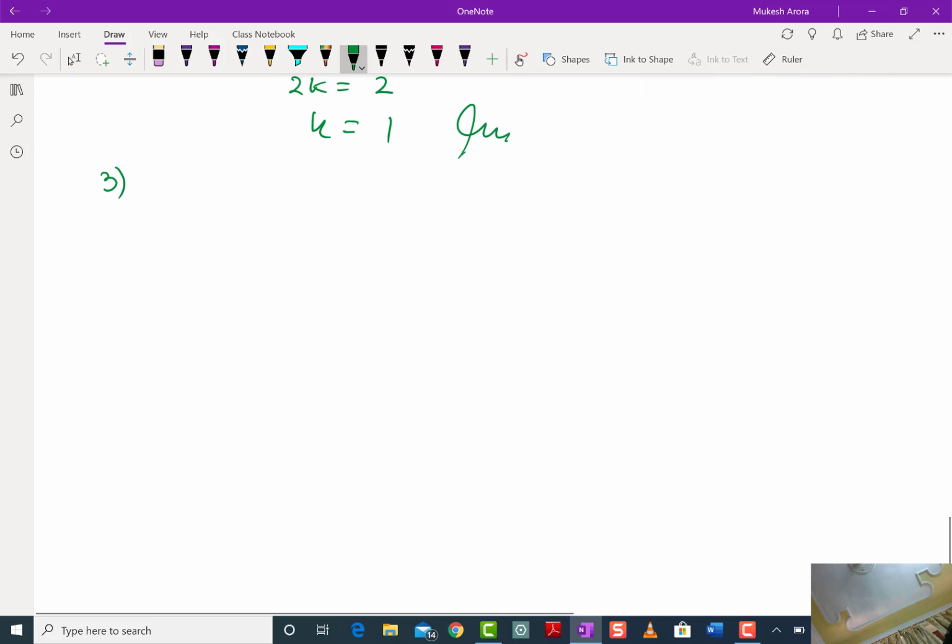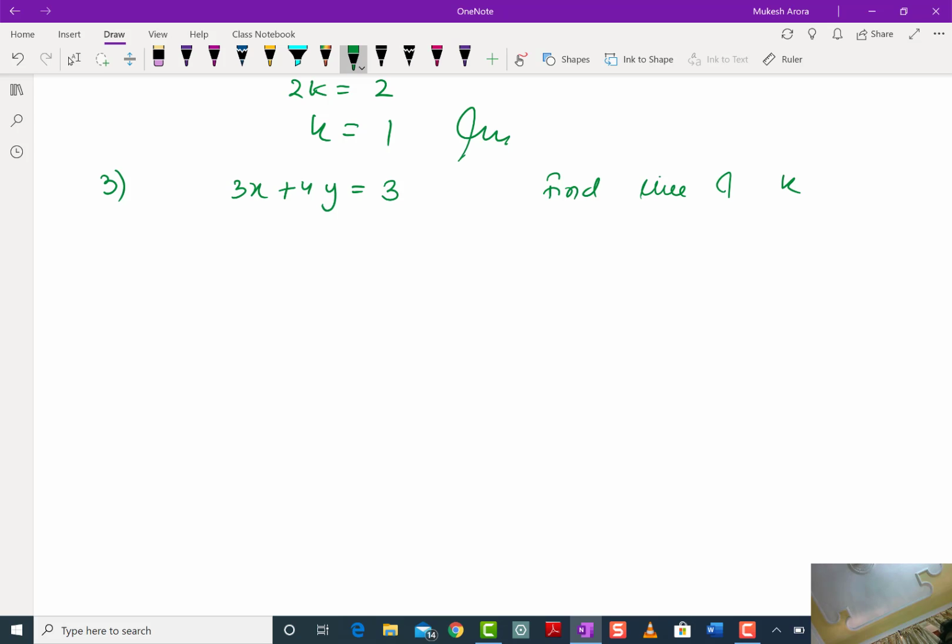Another question. 3x plus 4y is equal to 3. Find the value of k when k and 1 are solutions of the equation. So now in place of x we have k.